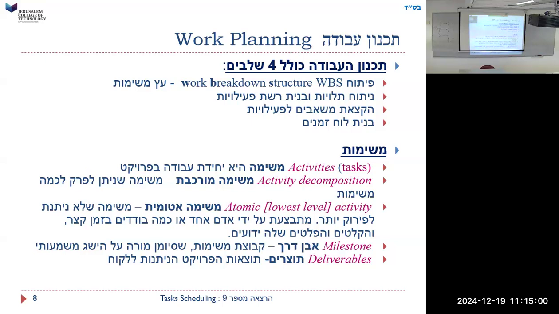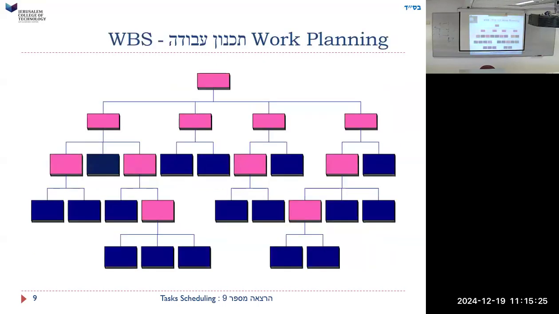Some kind of activity that you can divide up, and then you have an atomic activity which can't be divided up. And then you have milestones, which is that if we reach that point, if we've done that activity, then we've achieved something. And then we have deliverables, which is actual thing that we can give to a client.